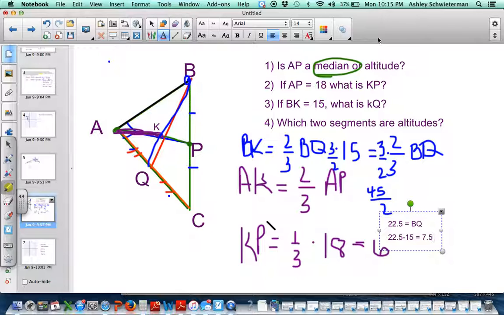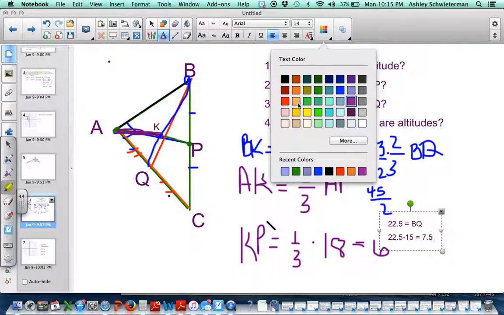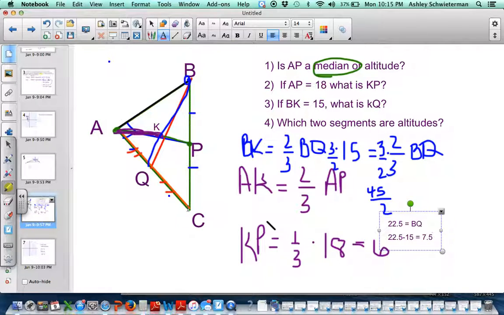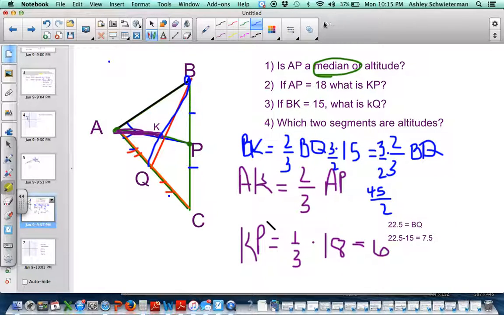So, from the vertex to the opposite side, or a part of the opposite side, a right angle is formed. AC would be an altitude. So would BA.